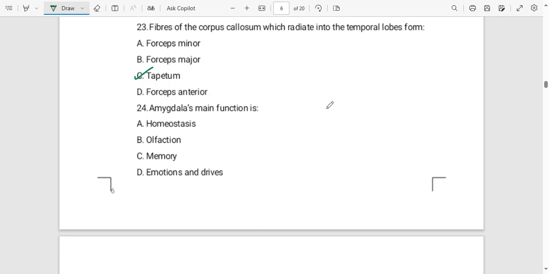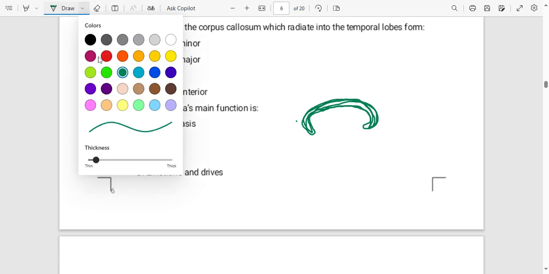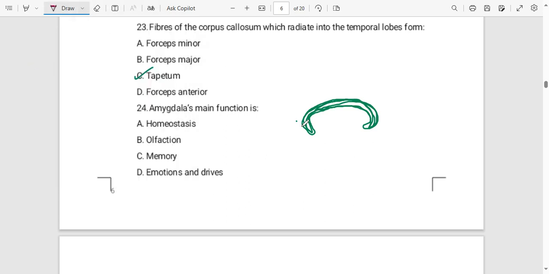Tapetum. So here is our corpus callosum, a structure like that. On top of the corpus callosum we have a gyrus, the cingulate. We have projections to the frontal lobe, which form what we call forceps minor.